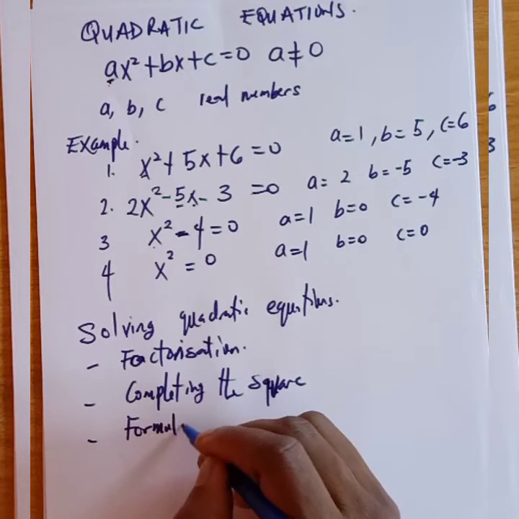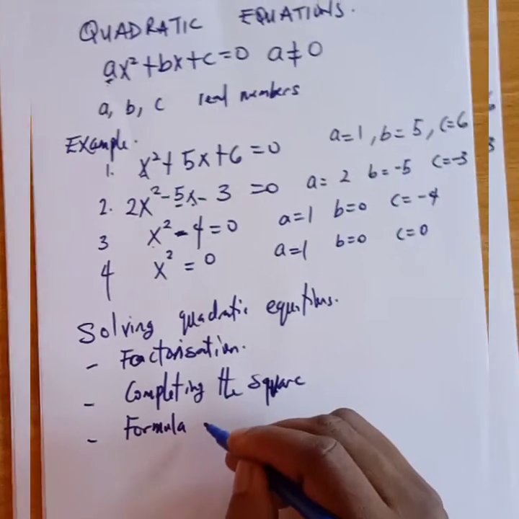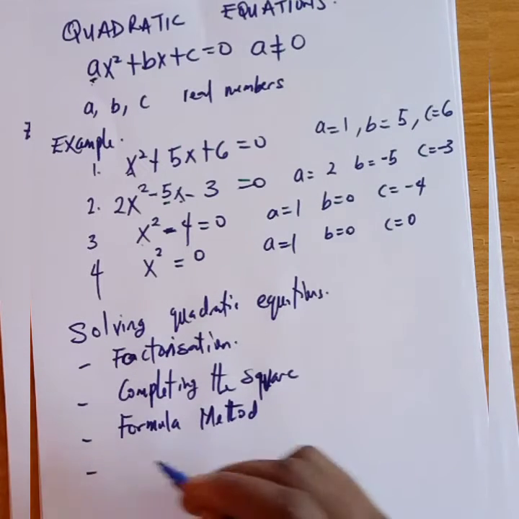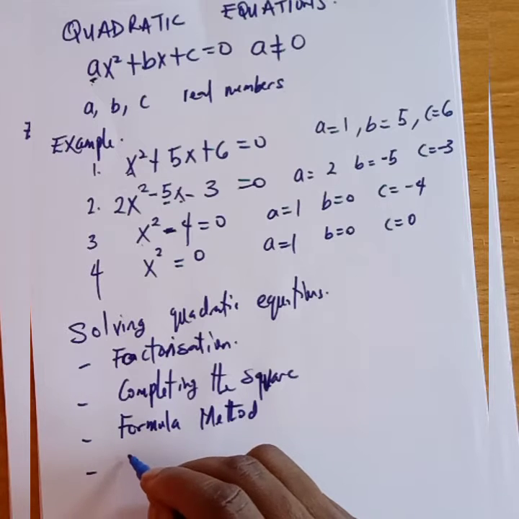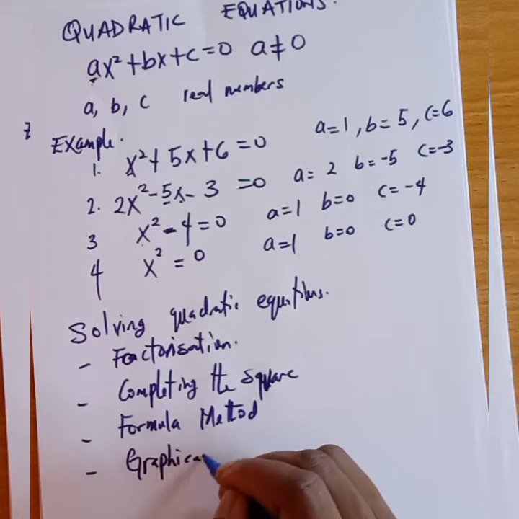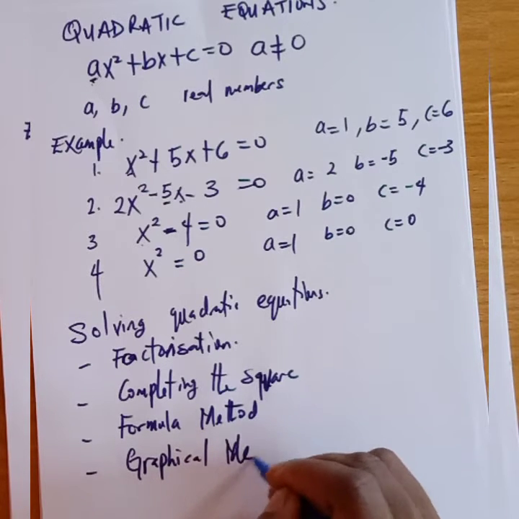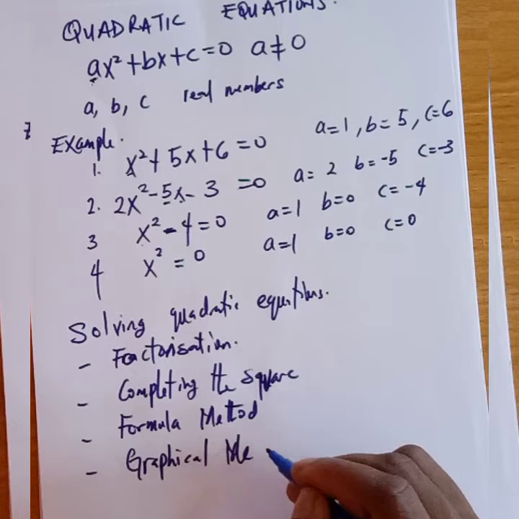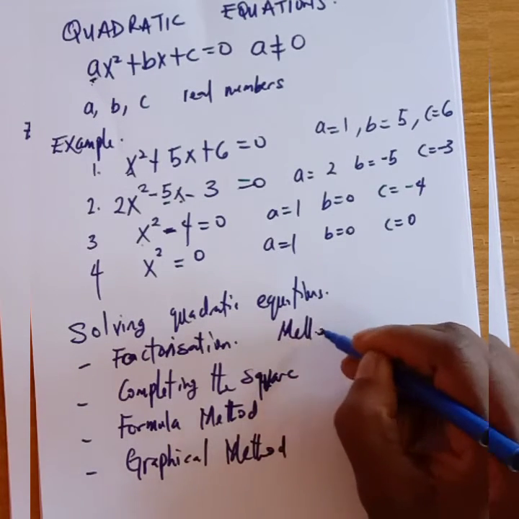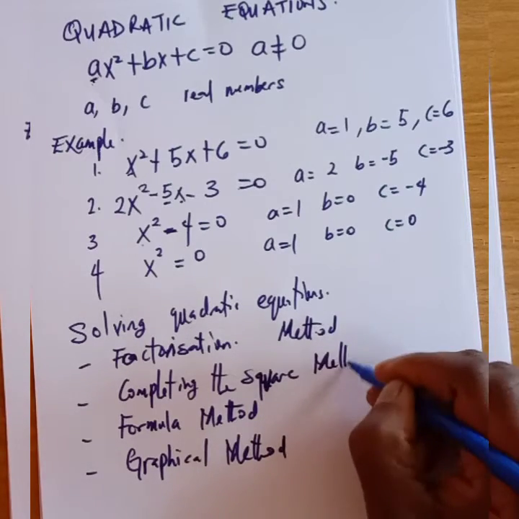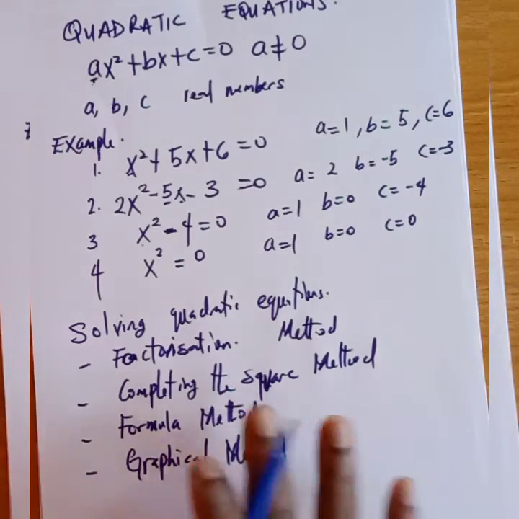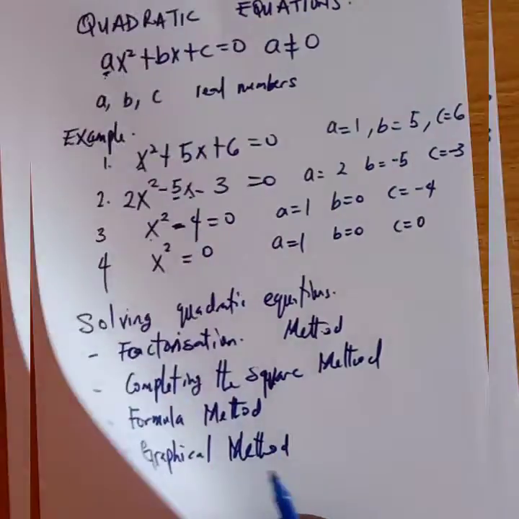However, the completing the square method leads to the formula method. And then we could solve it using a graphical method. So there are about 4 methods which we can use to solve a quadratic equation. So we'll start with the factorization method.